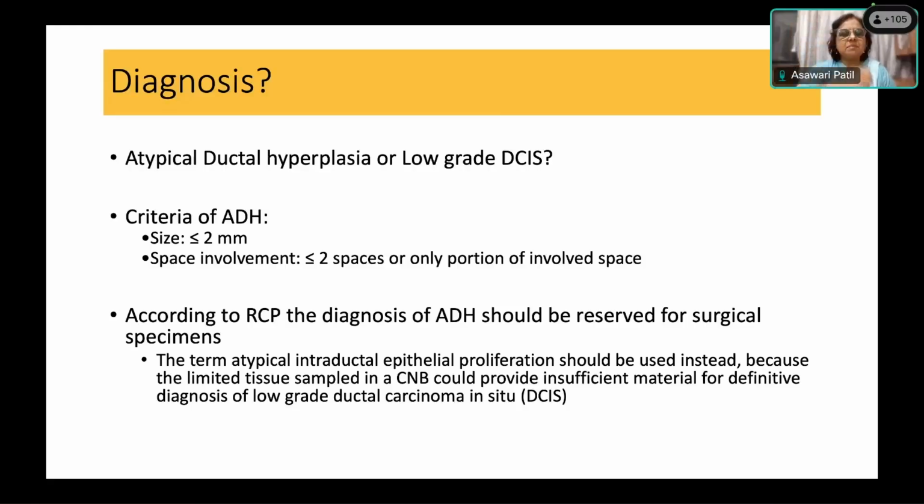If you have low-grade DCIS-like areas that are very small, maybe you can call it ADH or atypical papillary proliferation. But it's better to have a proper area to call something DCIS, or whether any atypical papillary proliferation is present or not. So there are no different criteria for papilloma.